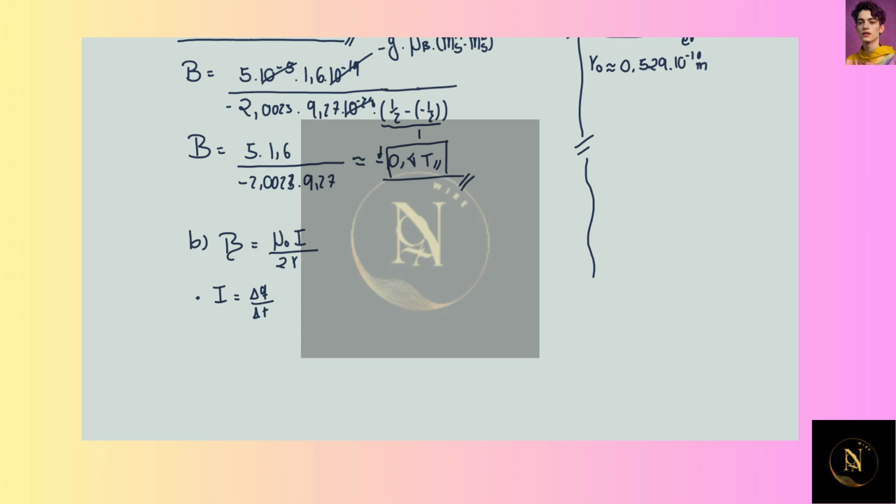What we have here is the charge of the nucleus, which is given by e, divided by the period of rotation. And then this is equal to e times the inverse period, which is just the frequency of rotation. And the frequency of rotation for a charge undergoing a circular motion is given by v divided by 2 pi times the radius of rotation.